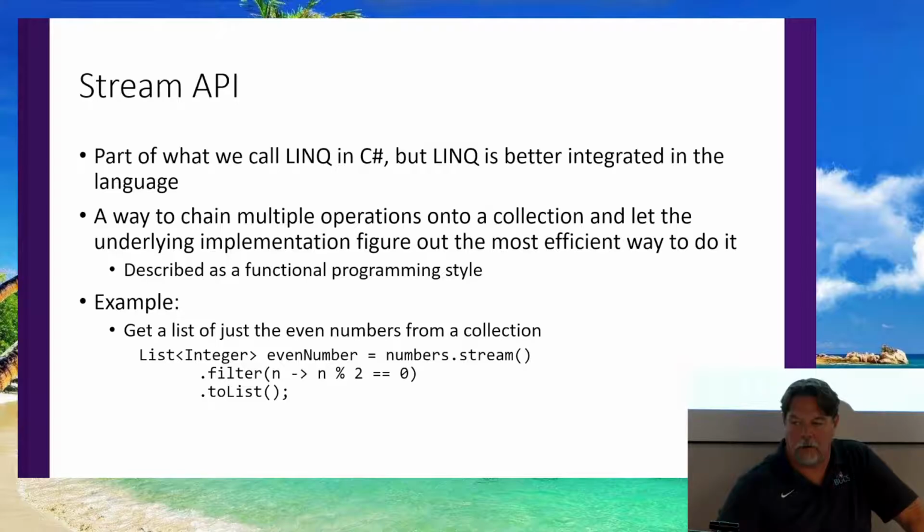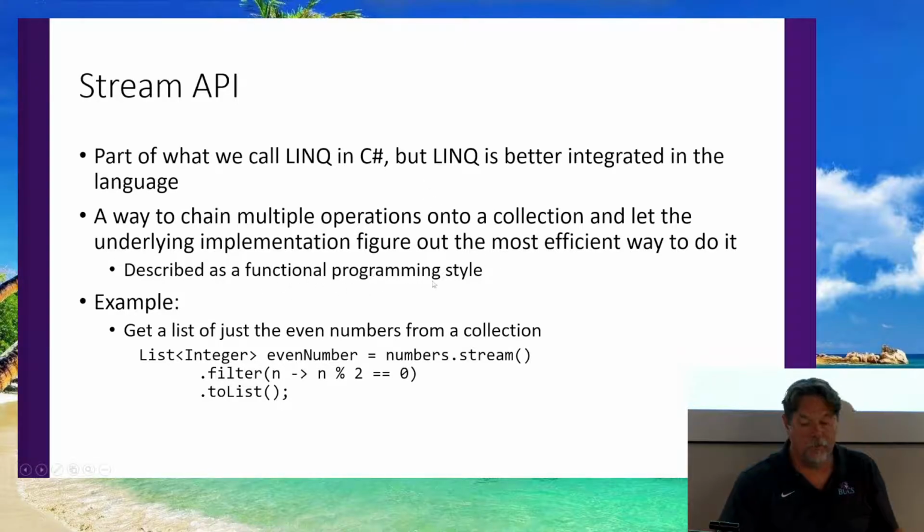So they provided a form of it, but it's just implemented better in C#. Or the Java people did it first and did it the way they wanted to, and the C# people came along and said, well, we can steal that and then we can improve on it too. So either way, the implementation of the Stream API seems to be a little bit better in C# than it is in Java. And one aspect of that is it's deeply integrated into the language in C# and not so much in Java, but you can still do it in Java.